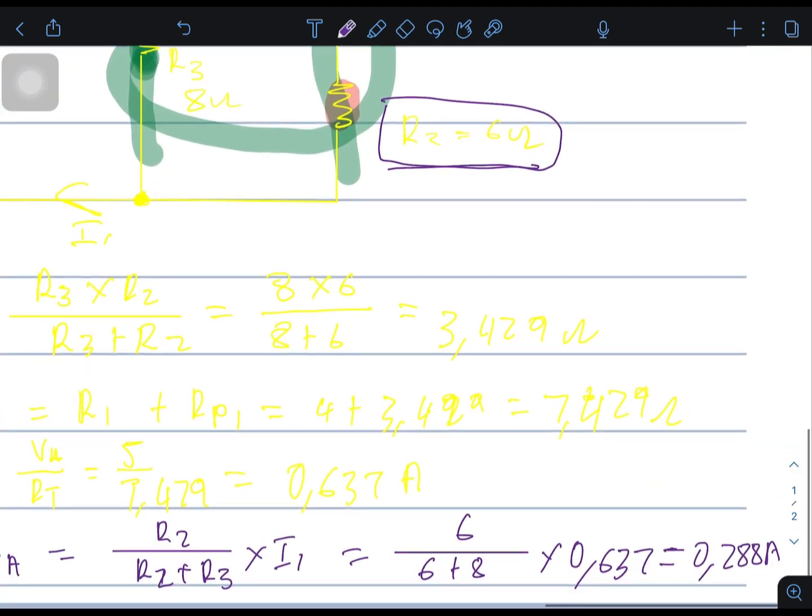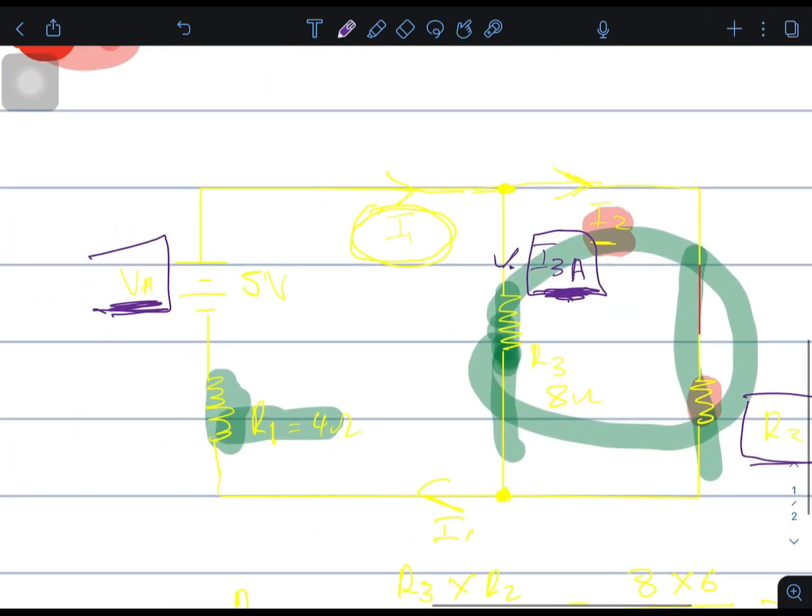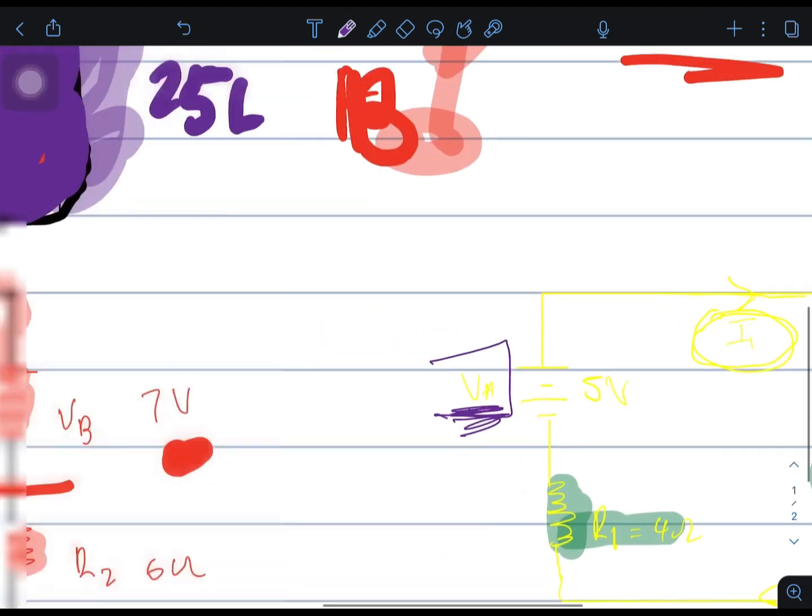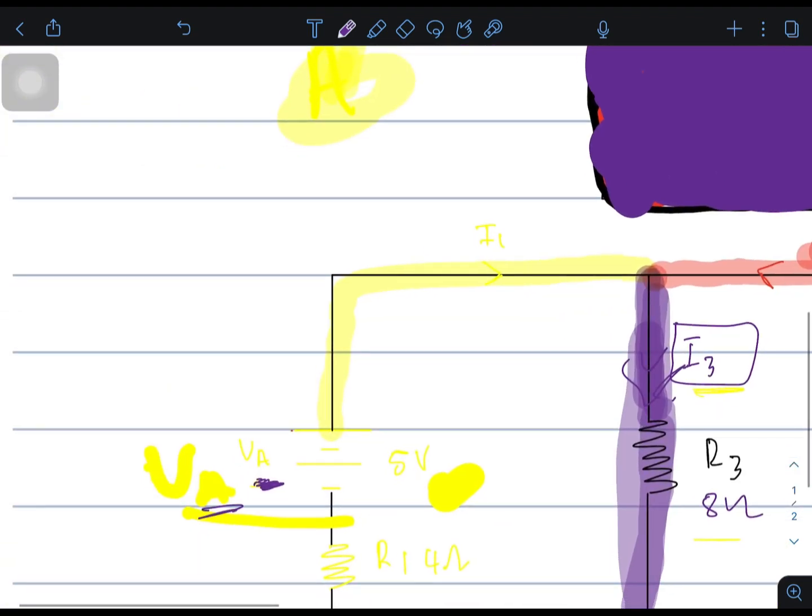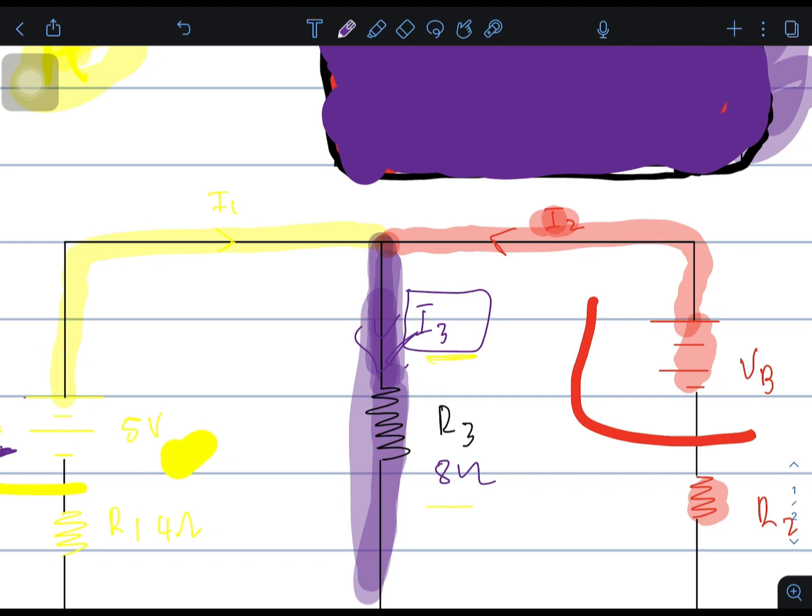This means this source is contributing 0.288 amps in this branch.